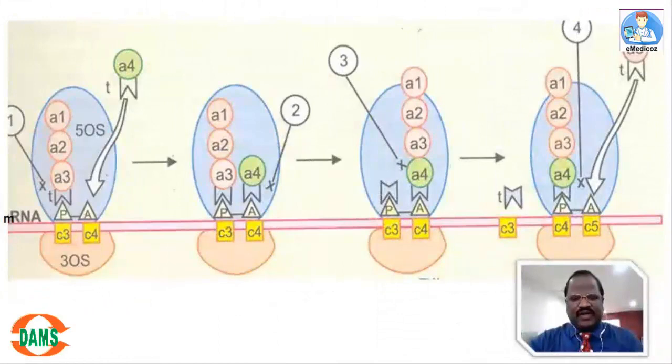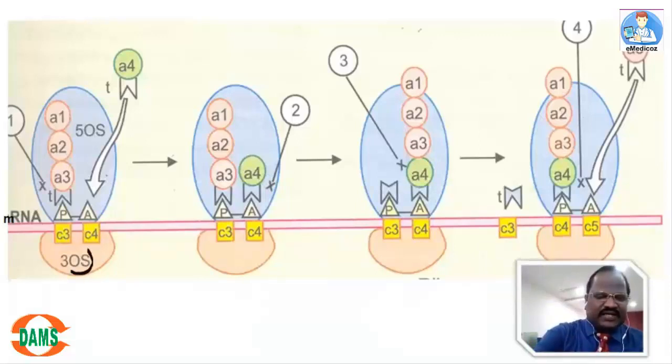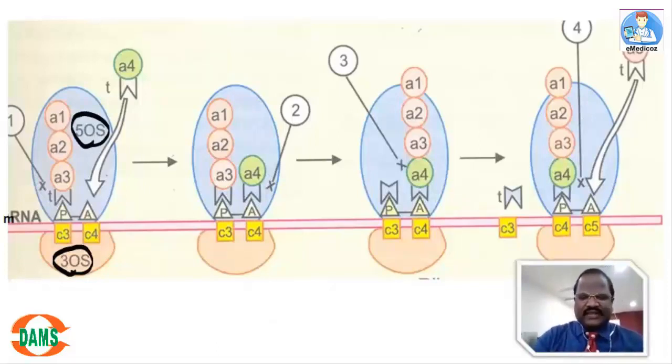Now I am going to explain antibiotics acting by inhibiting protein synthesis. To understand them, first you should know how a bacterium carries out protein synthesis, and then we will discuss the antibiotics. For that, look at the image. Imagine this is a 30S ribosome and this is a 50S ribosome. The 30S and 50S ribosomes are very important for bacterial protein synthesis. Before going to the topic proper, first look at the morphology in this picture.